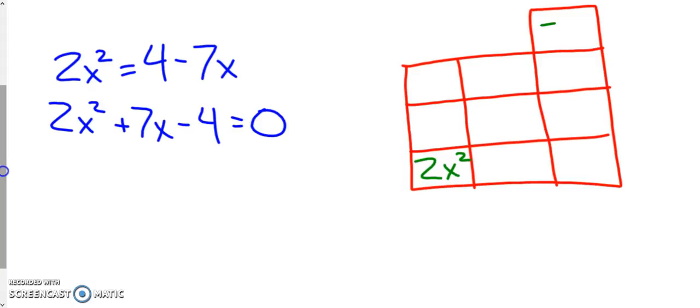First term goes there, middle term goes there, last term goes there. Multiply across the bottom. So that'd be -8x squared. These two blanks have to add to 7 and multiply to give me -8. What would fit the bill there? Multiplies to give me -8, adds to give me 7. So 8 and -1.